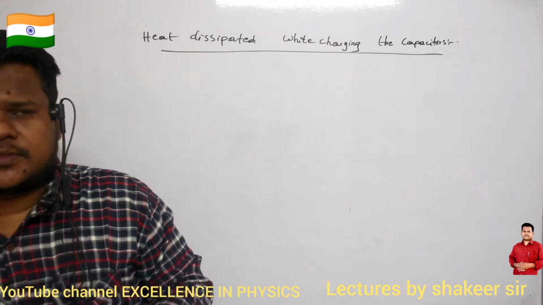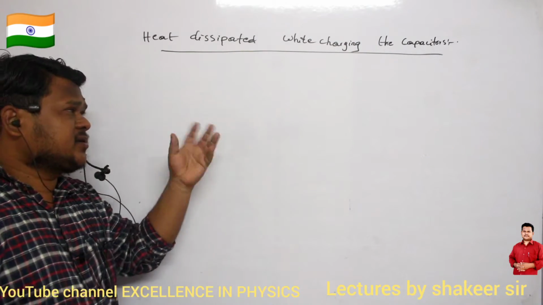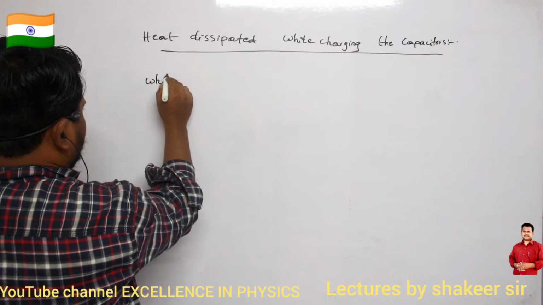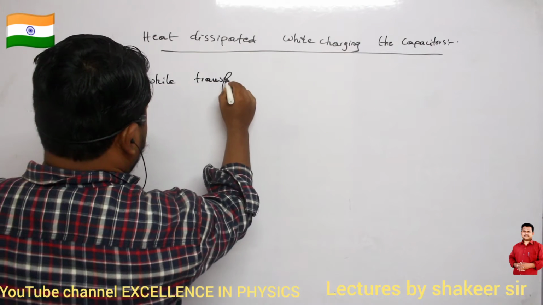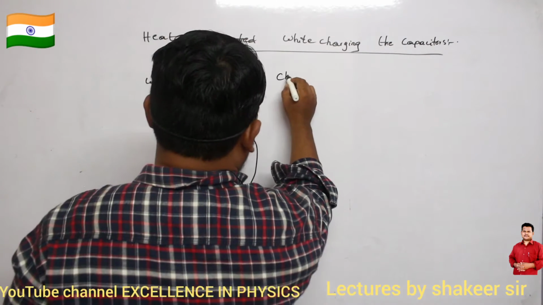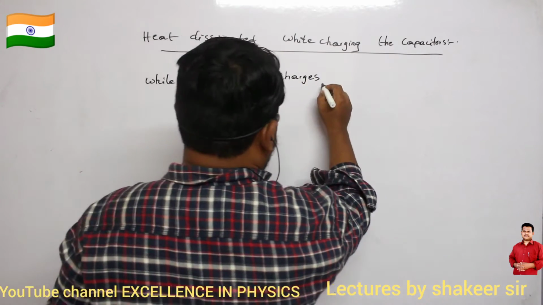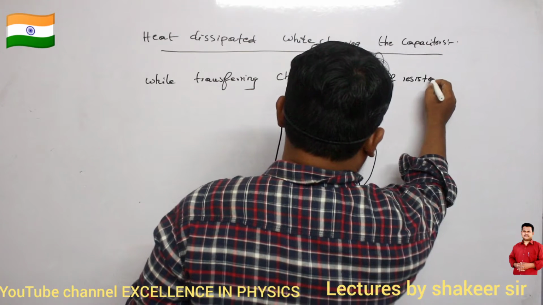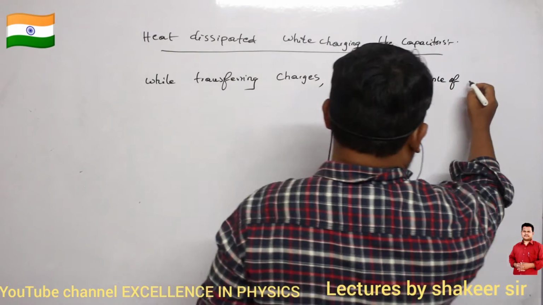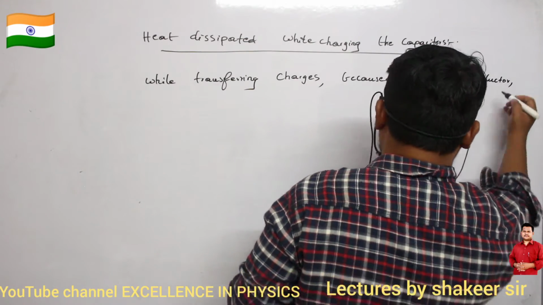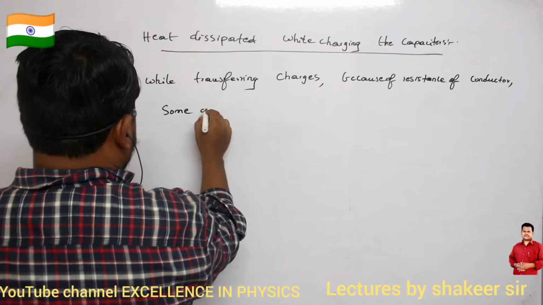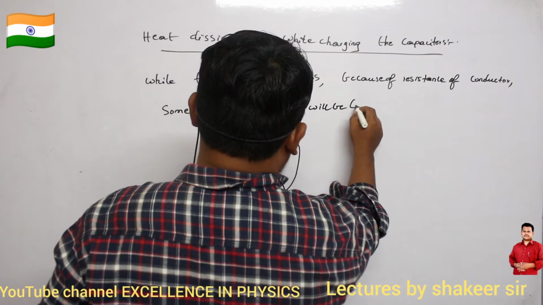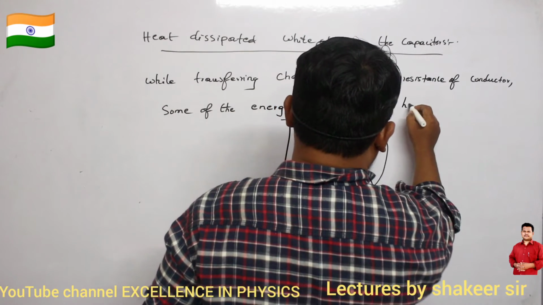While charging capacitors, why will heat be generated, or why will some energy be lost as heat energy? While transferring charges, because of the resistance of the conductor, some of the energy will be lost as heat energy.